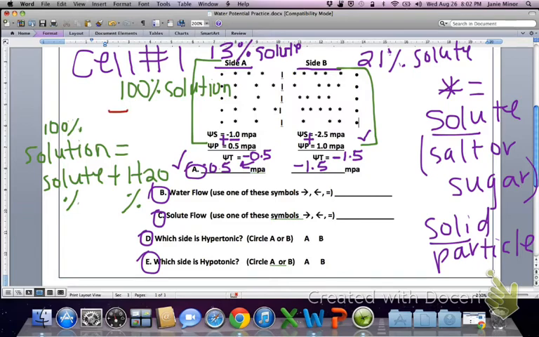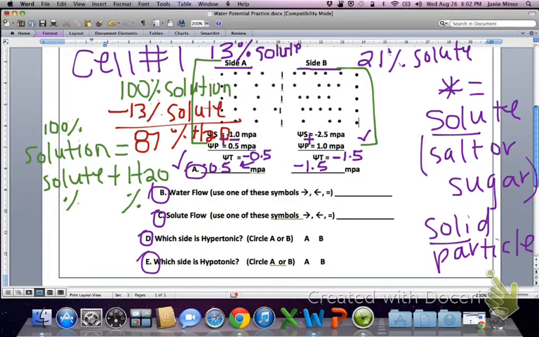So all you're going to do is take your 13% of solute and subtract it from 100% of your solution, because whatever is left over is going to be your percent of H2O. So, go ahead, grab out your calculator. What you should have left over on side A is 87%.